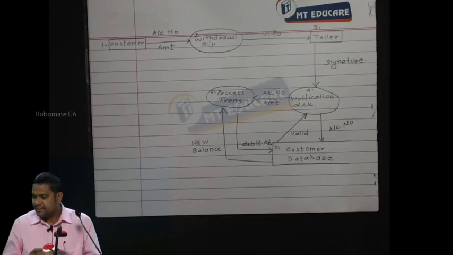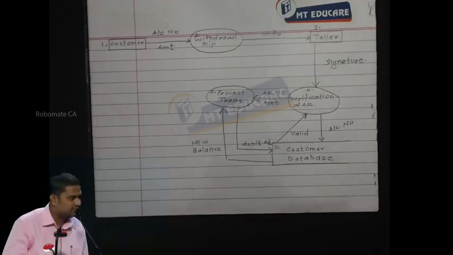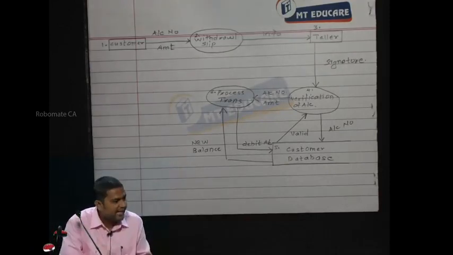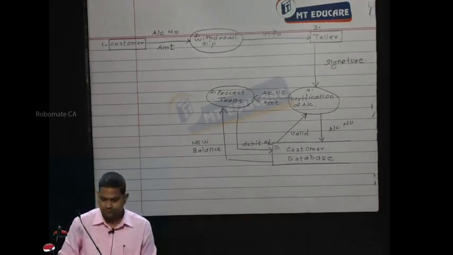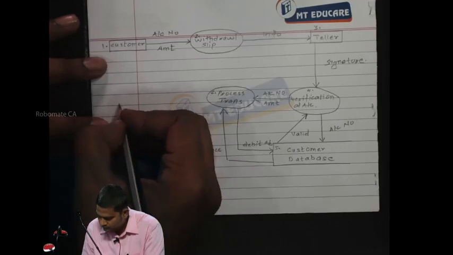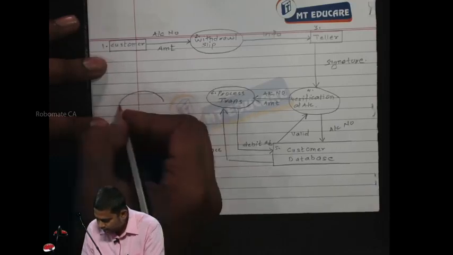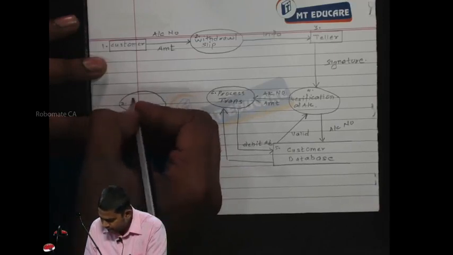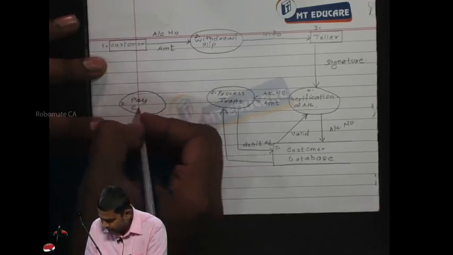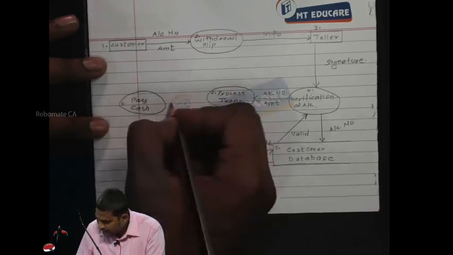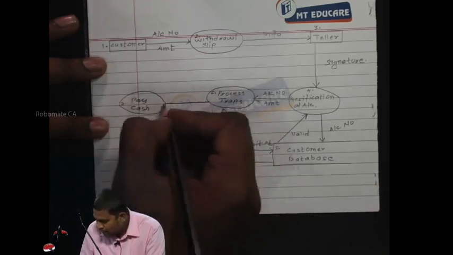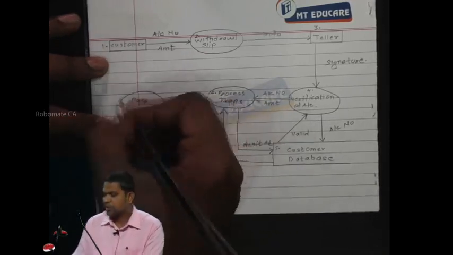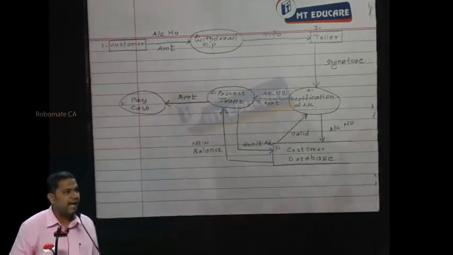Now all these things are given to a person. That person is supposed to give me cash. Again, that is a process. And this process will be giving a specific amount to this particular process called pay cash.